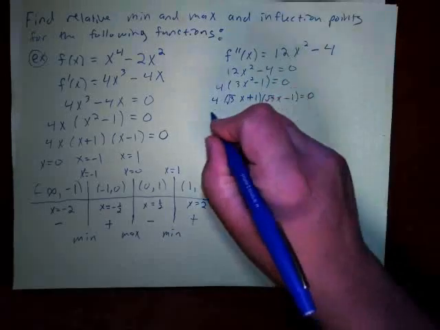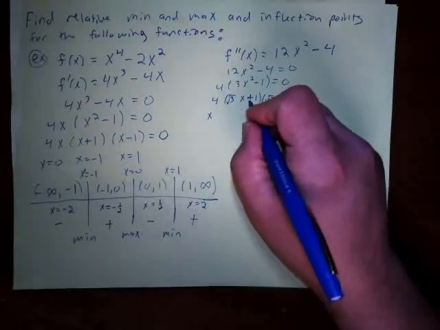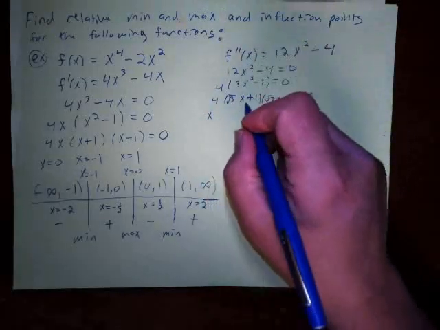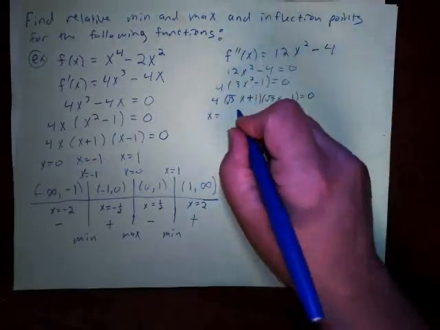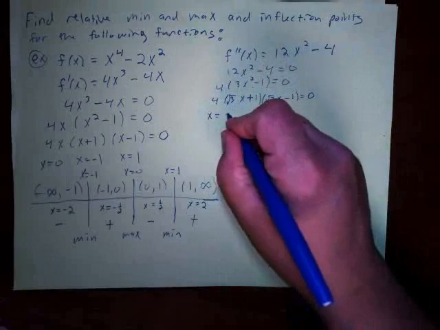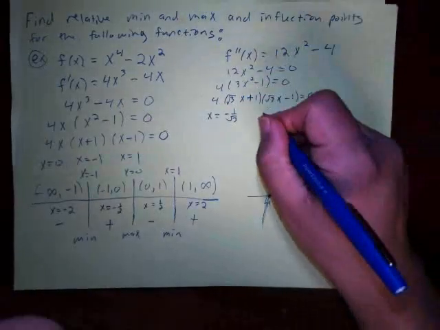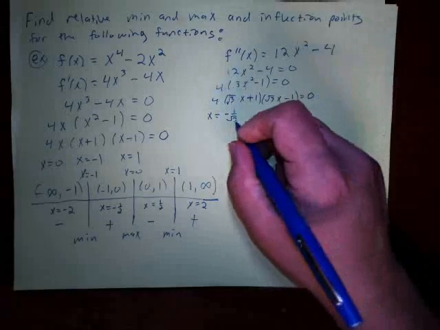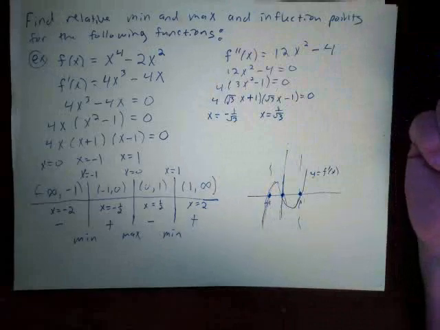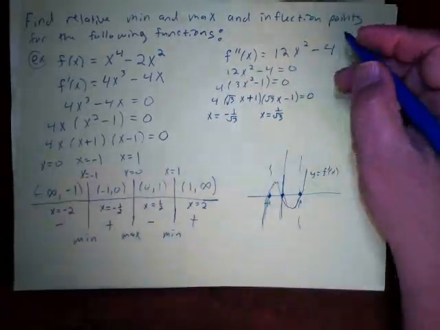So this is actually going to give me a critical point of the first derivative. It's where the second derivative is equal to 0. And this one would be negative 1 over the square root of 3. And I could rationalize the denominator, I'm not going to worry about that this time. This would be 1 over the square root of 3. So these are actually the critical points of the first derivative.